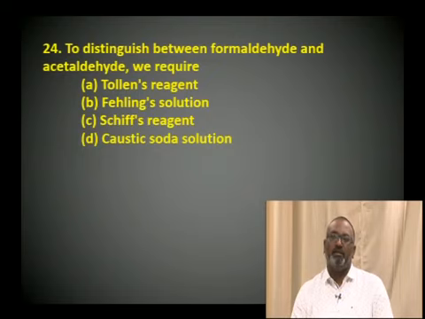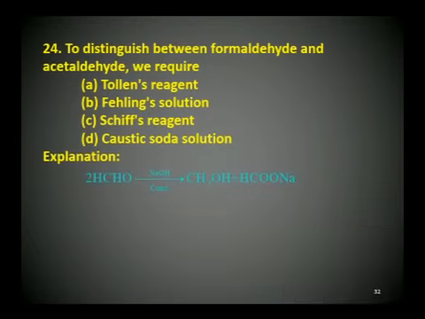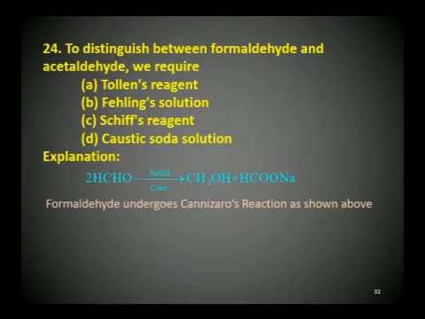As you know, Tollens reagent, Fehling solution, and Schiff's reagent are used in order to identify aldehydes, whereas we need to know about caustic soda solution. Caustic soda solution is nothing but sodium hydroxide solution. NaOH solution is called sodium hydroxide solution, caustic soda solution.